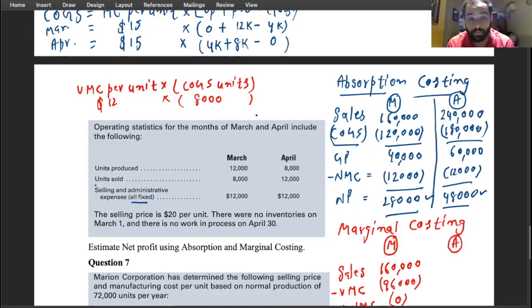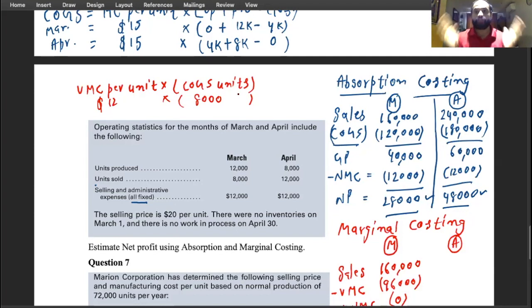Total fixed cost. Because if you say 8 multiplied by 3, 8 is your units. I know why you're using 8. 8 is your cost of goods sold unit, right? That makes sense according to absorption costing. Under absorption costing, we calculate fixed cost using production unit for this period. But under marginal costing, we do not calculate fixed cost as per production unit.